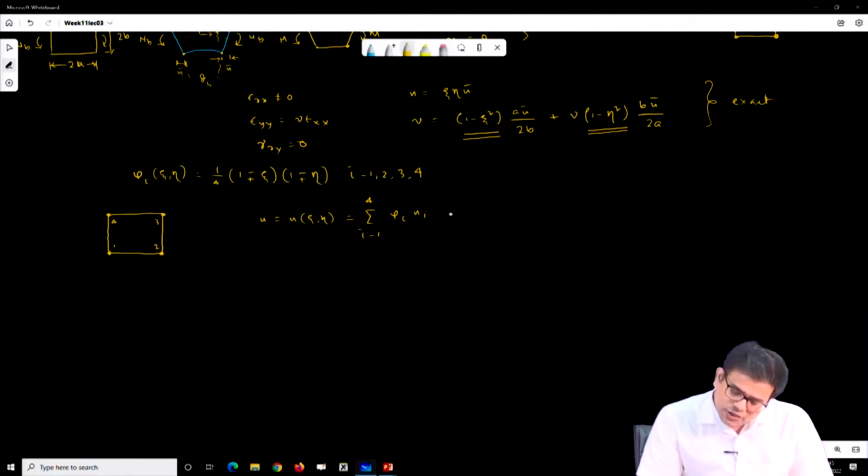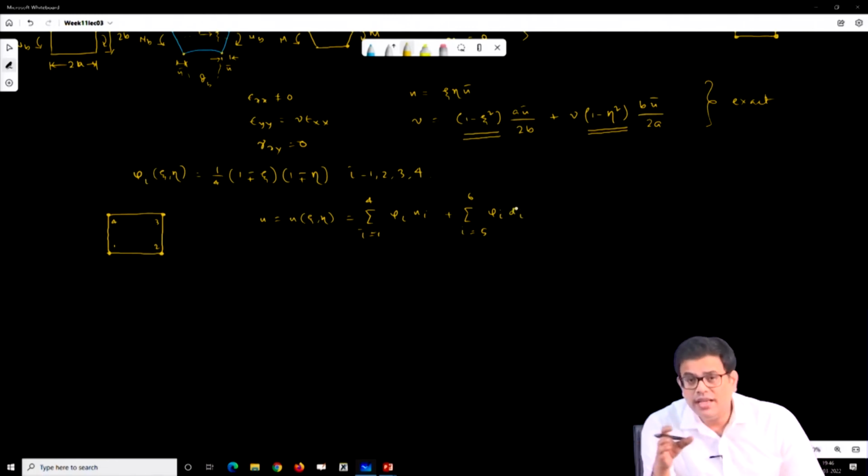Let us assume it is like this: I equals 1 to 4, and then I equals 5 to 6, phi I and some di. The di's are basically constants.